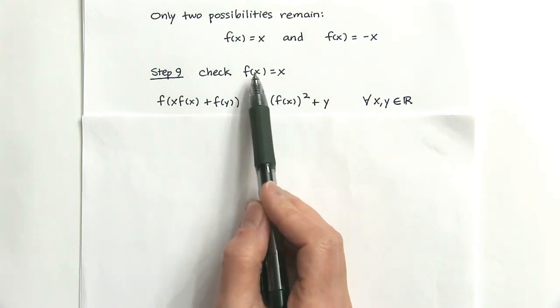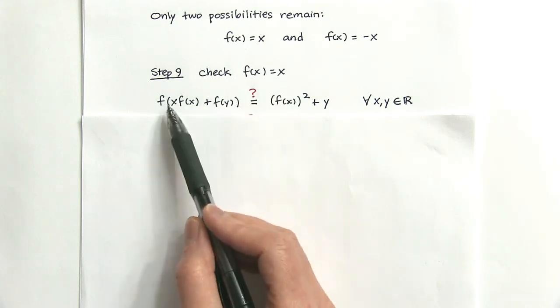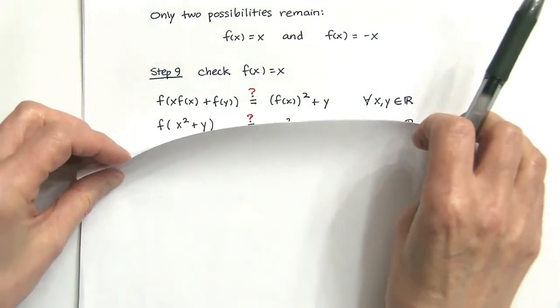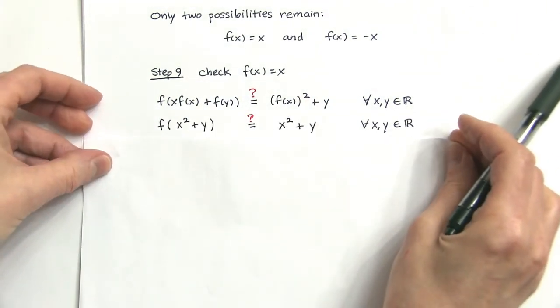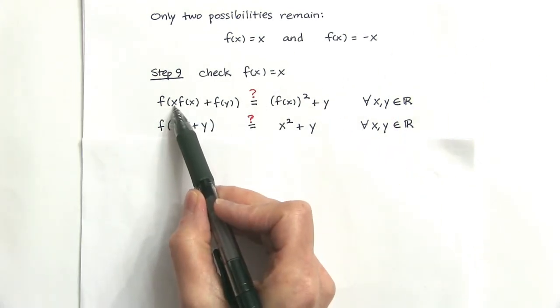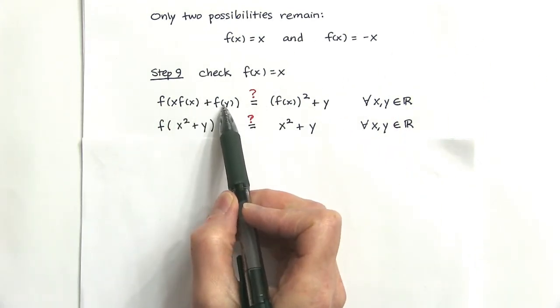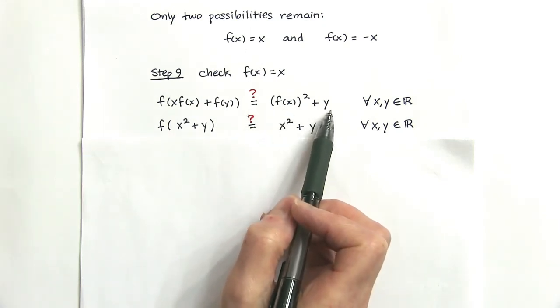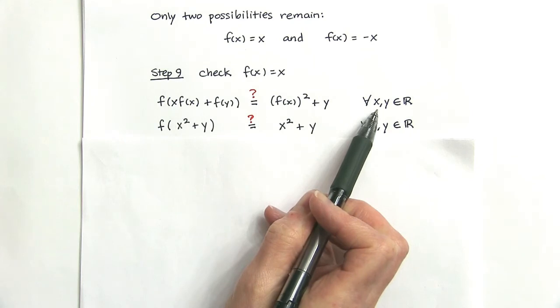Okay, let's plug f at x is x into this condition, and let's find out what happens. Does f evaluated at x times f at x plus f at y equal the square of f at x plus y for all real x and y?